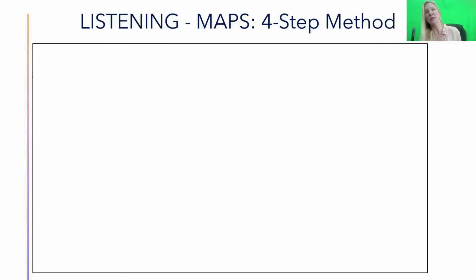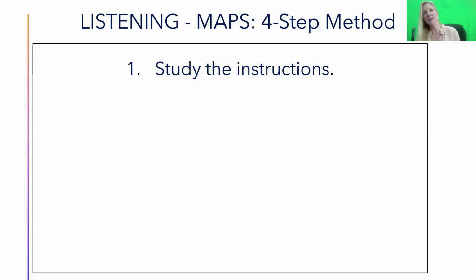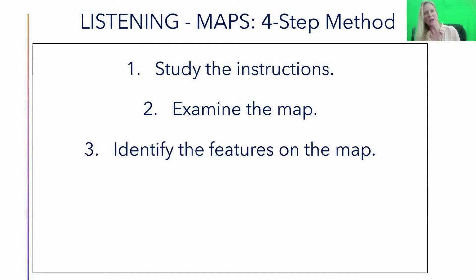So the technique that we use for the MAPS question is number 1, read the instructions and study them very carefully. You might need to put a word into the missing blank, or you might need to put a letter or a number. So make sure you understand what they want you to do. The next thing is to examine the map, analyze it, and try to understand the features in the maps. Are they spaces? Are they houses?